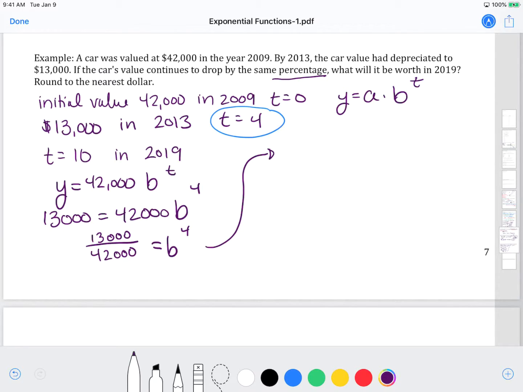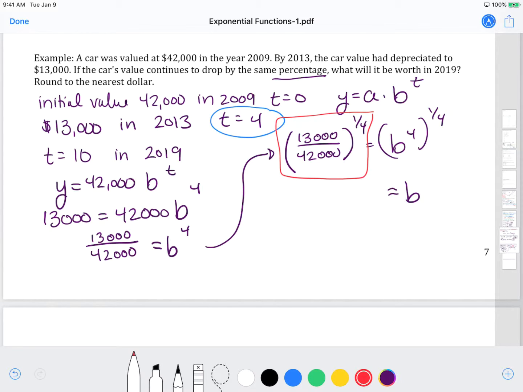And then to finish solving for b, I need to raise both sides to the fourth root. So I'm going to put in 13,000 over 42,000, and I'm going to raise it to the 1/4. That way I get rid of that fourth power. So now this is what I'm going to put in the calculator.